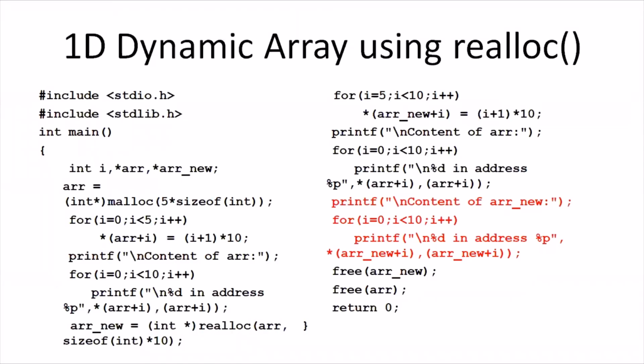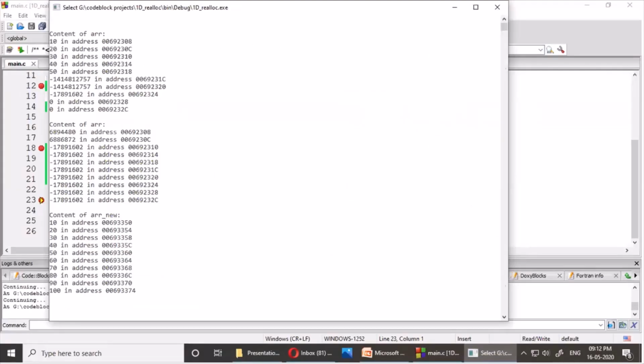Number 1, we find that the base address of ARR new is different from that of ARR, which indicates that a new part of the heap has been assigned to ARR new. Number 2, the values of ARR have been copied onto the first n cells, where n was the size of ARR. Number 3, all cells in the array ARR new are located contiguously with the cell size of 4 bytes. So the claims that we had made earlier regarding the realloc function are proved.